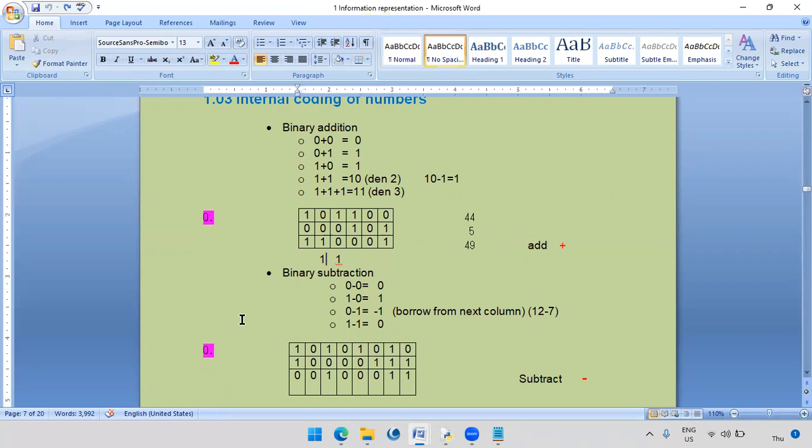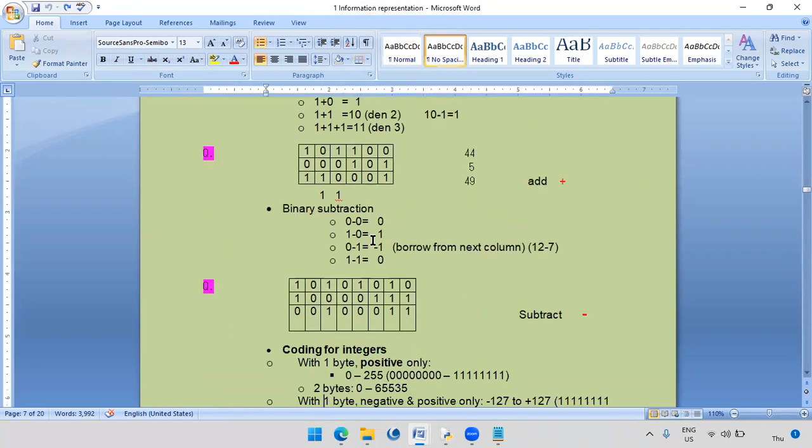In binary, these are the rules for subtraction. 0 minus 0 equals 0. 1 minus 0 equals 1. 0 minus 1 is minus 1, or the normal way, borrow from the next column. That is like 12 minus 7. How do you do it? 2 minus 7 first.